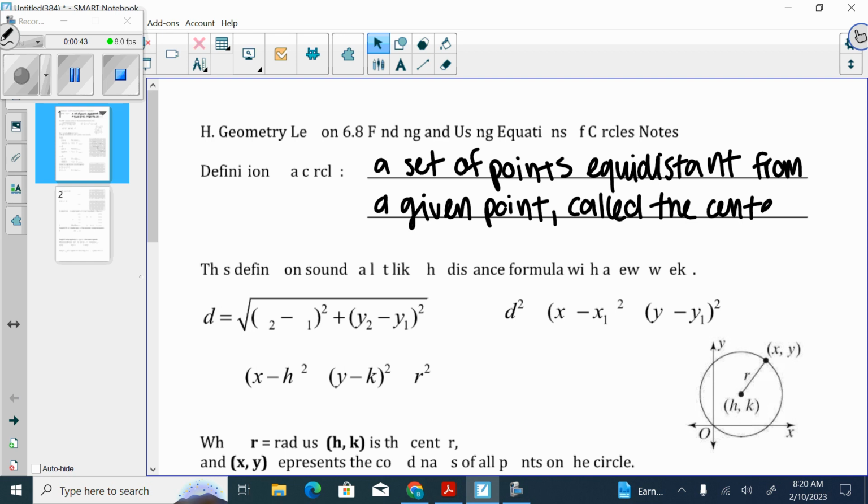So remember, the center is where our circle gets its name from. Whatever that point in the center is named is the name of our circle as well.